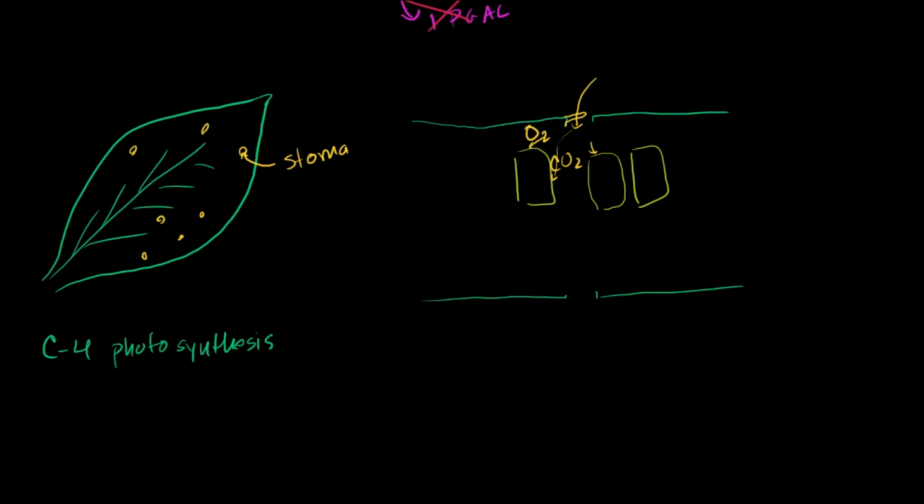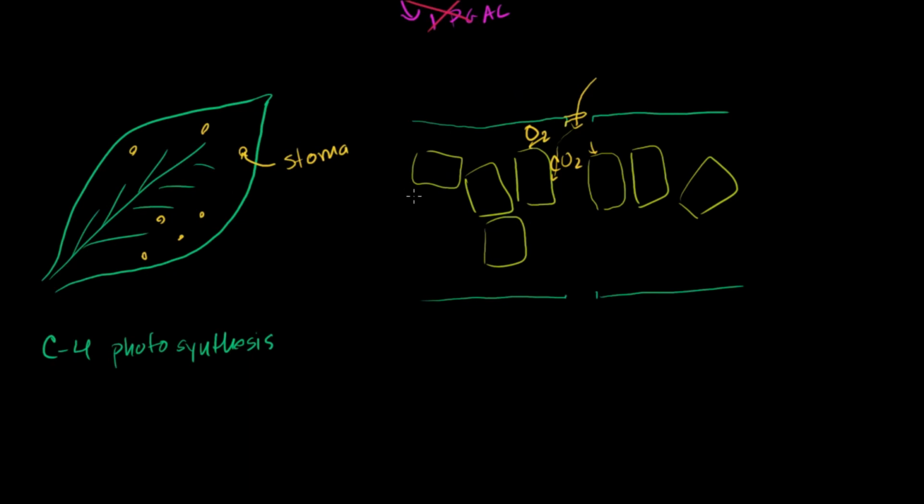And what they do, and this is the interesting thing, is you have all your mesophyll cells that are out here. They're getting air, they're getting carbon dioxide, and they're getting oxygen and whatever else. But you also have cells that are deeper within, more embedded within the leaf, that aren't being exposed directly to the air coming through the stomata.